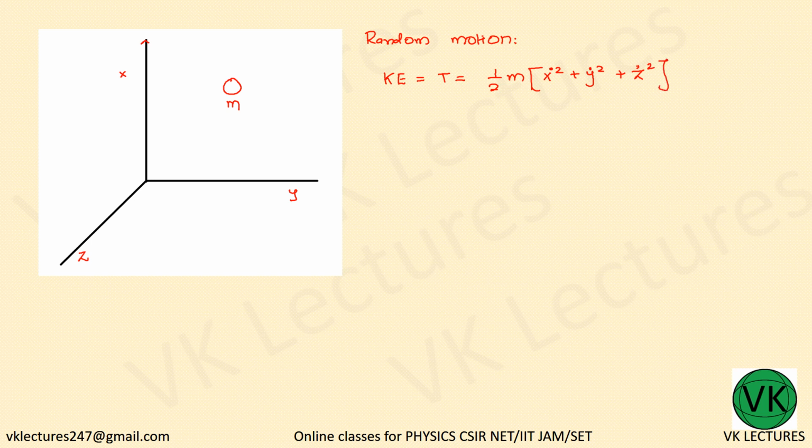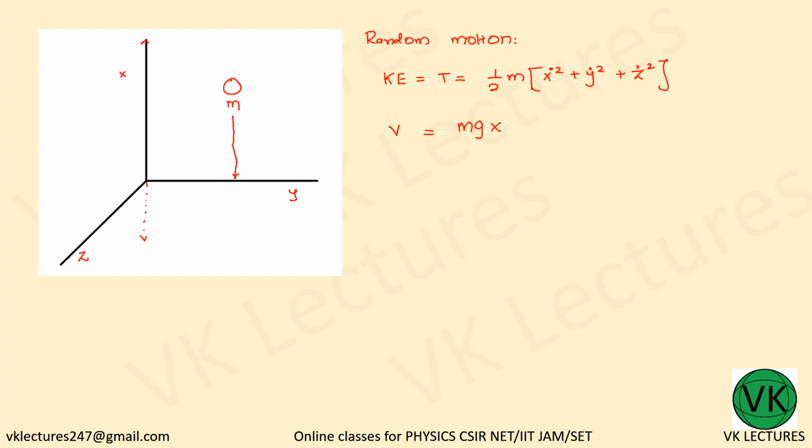And for the potential energy, if this particle is under gravity, that means gravity will always be acting downwards, so it will be mg, and what is going downwards is the x axis, so it will be mgx.